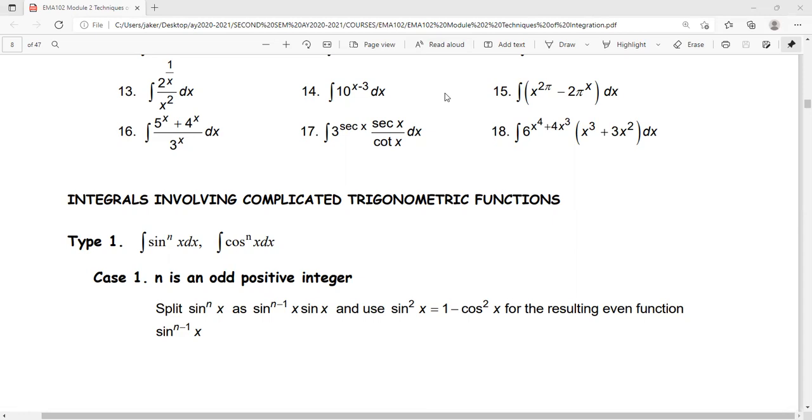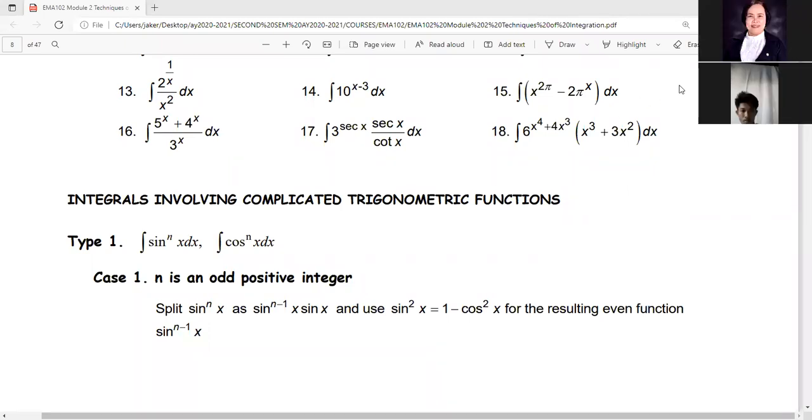If you're going to check in books on integral calculus, this topic on integrals involving complicated trigonometric functions is named trigonometric transformation. So if you have textbooks in calculus, it's a topic under trigonometric transformation.